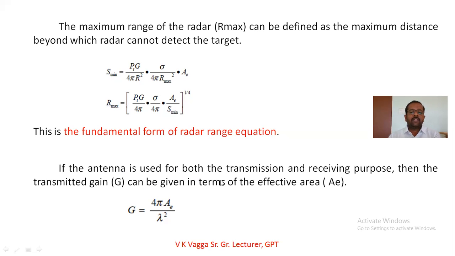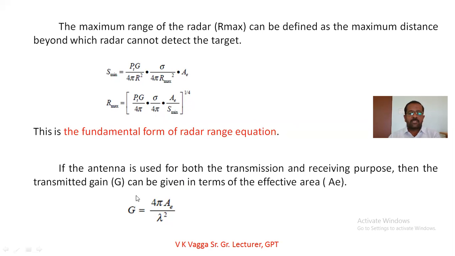And again, if you take one more, G is equal to 4 pi into AE divided by lambda square. It is because a single antenna is used for transmitting purposes as well as for receiving purposes, so that you are using the duplexer there.